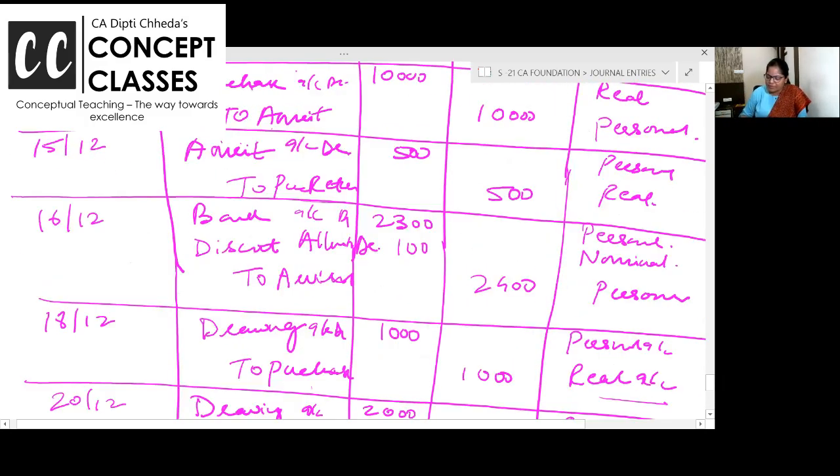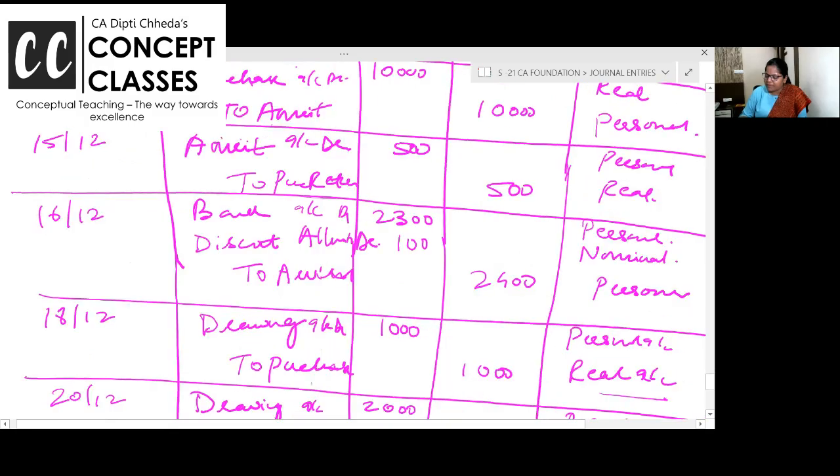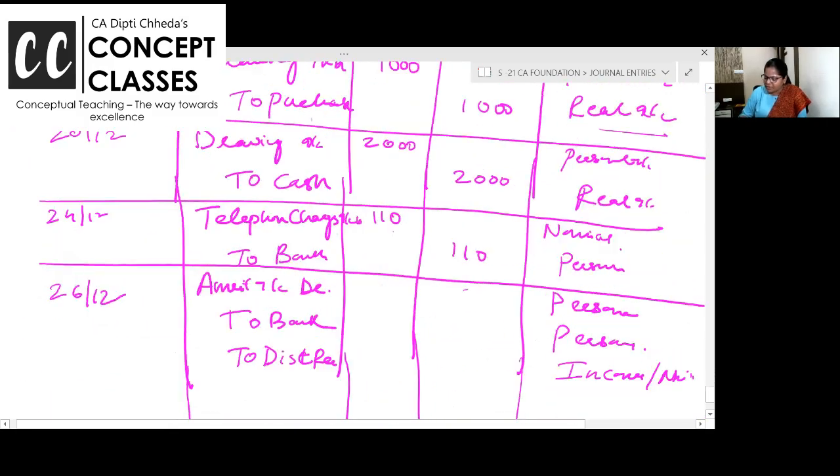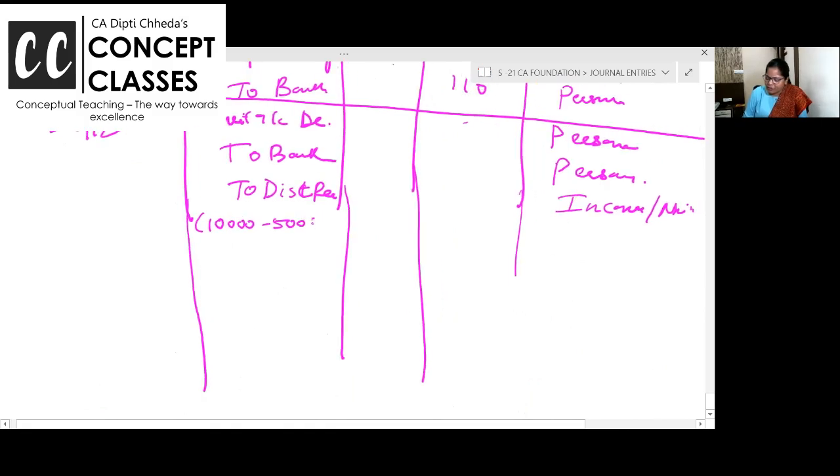Now look at the amount here. I have purchased from Amrit 10,000 and 500 of goods I have returned. So 10,000 goods I purchased, 500 I returned. So how much did I have to pay to Amrit? 9,500. But how much did I pay? 9,450.